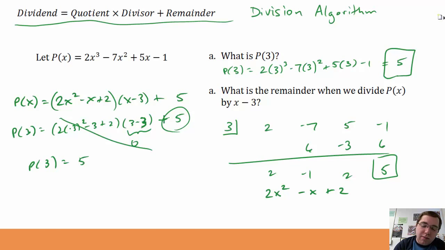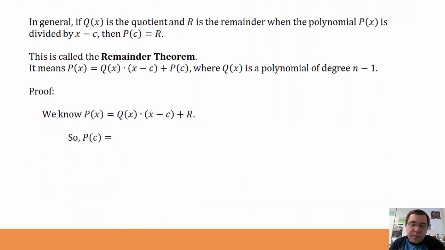And in general, that same relationship is true. In general, if q of x is the quotient and r is the remainder, when the polynomial p of x is divided by x minus c, then p of c equals r. The value of the polynomial at c is equal to the remainder when I divide by x minus c.